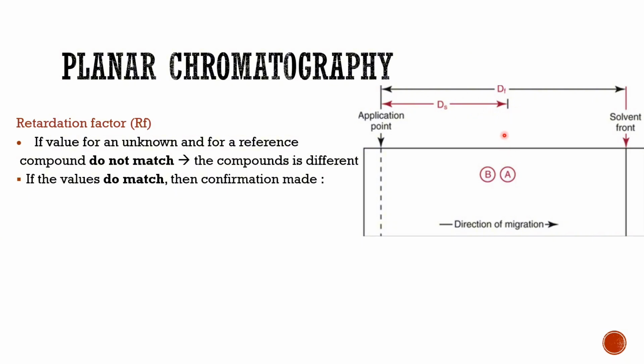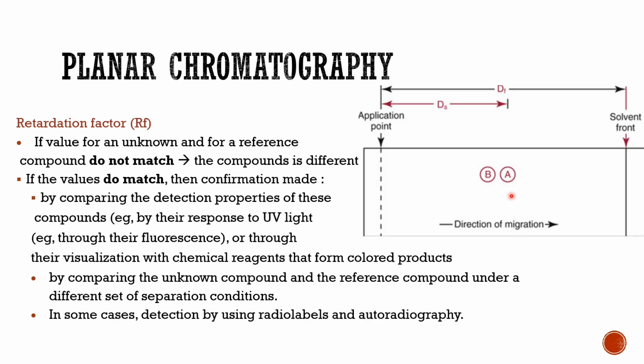Okay, so either we can measure the retardation factor, or we have a control, like a reference compound moving together with the analyte, and if you see they are matching, it means it's the same compound. If they're not matching, it's not the same. And if they are matching, you want to calculate the retardation factor to confirm.